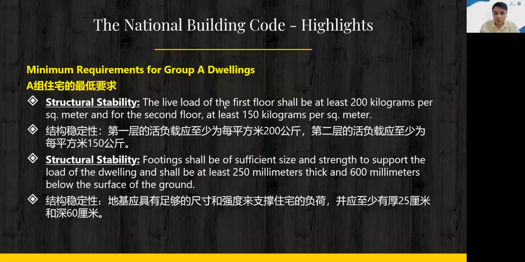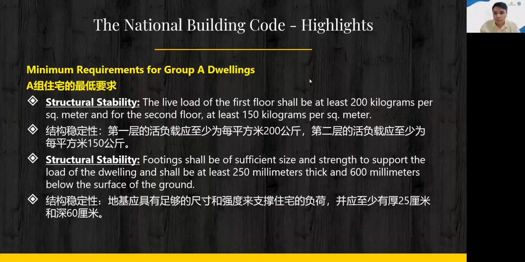So as per the code, the live load for the first floor is at least 200 kilograms, and for the second floor is at least 50 kilograms. So to imagine the weight that the code required, 200 kilograms per square meter is like having 4 sacks of rice, each weighing 50 kilograms, on a 1 meter by 1 meter tile.